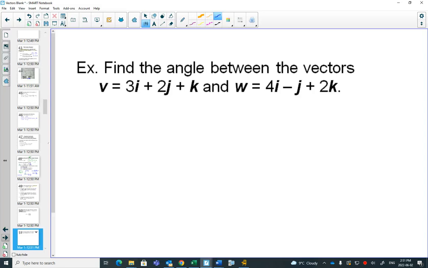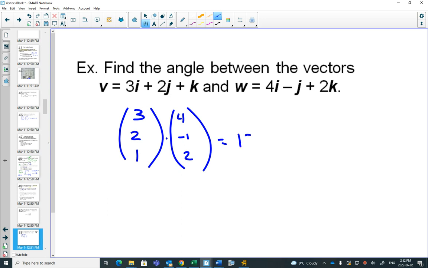And when you go to 3 dimensions, this would have been possible, but time-consuming using your math up till now. You have 2 vectors in 3 dimensions. If we do the dot product of these 2, we would get 12 minus 2 plus 2 equals 12.